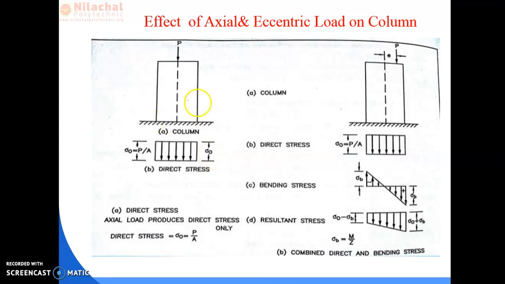Now, let us move the load from the axial direction by a horizontal distance E. This is the load P which is acting at a distance of E. E means eccentricity, the horizontal distance. This is the longitudinal axis of the column, and the load is applied with an eccentricity, a horizontal distance of E. Now, what happens?